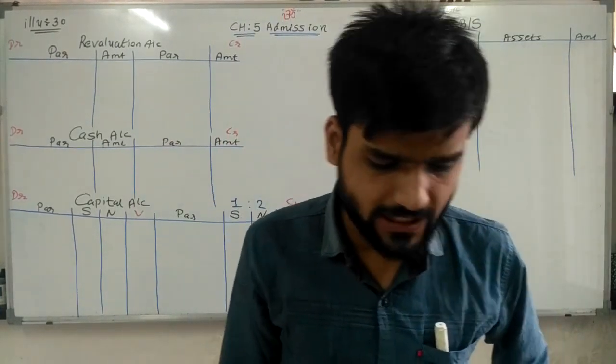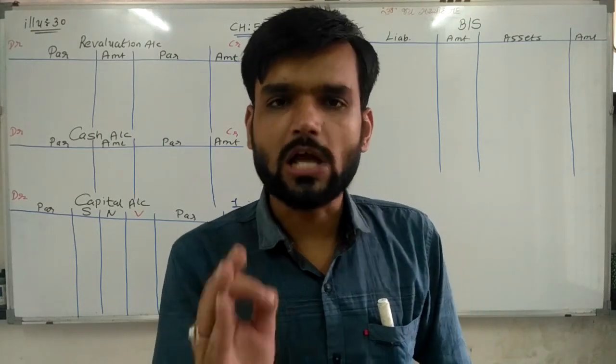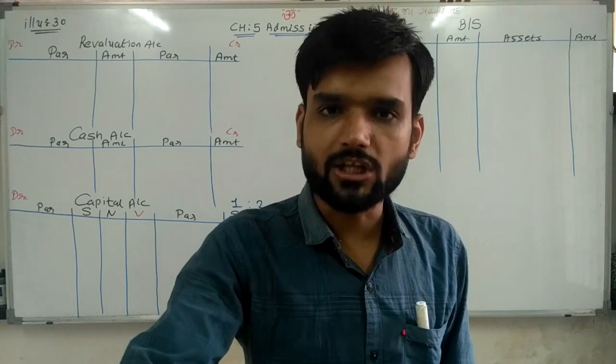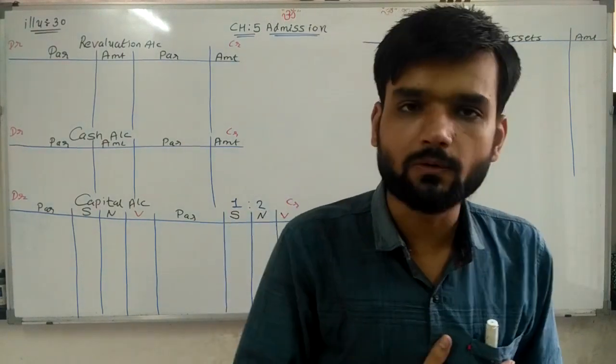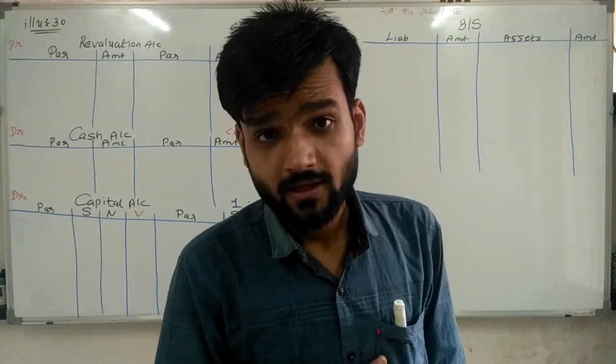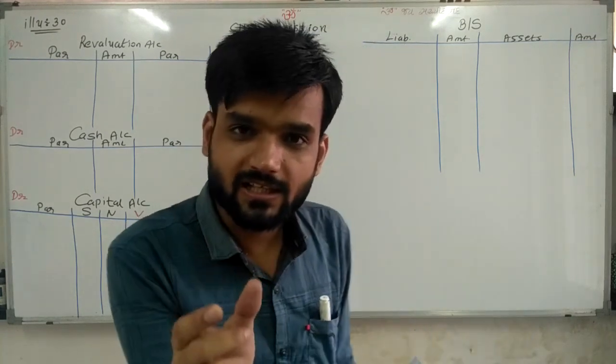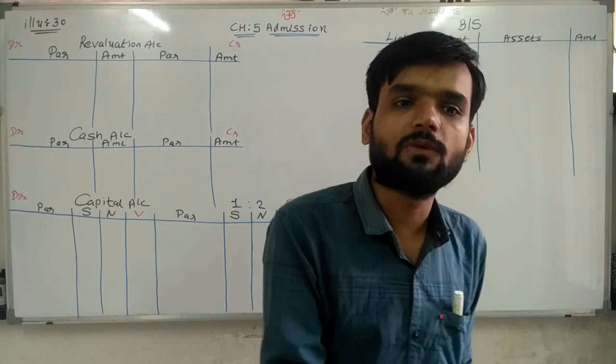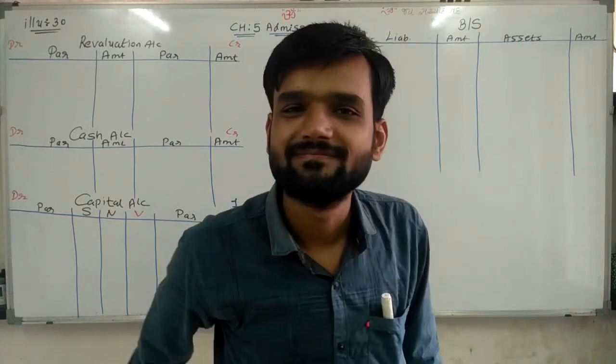Bad debt reserve is to be kept at 5,000 on debtors. So now we need to keep bad debt reserve 5,000. See in the balance sheet, is there any bad debt reserve given? Yes. Here one twist is also there: bad debt reserve is given on the liability side.